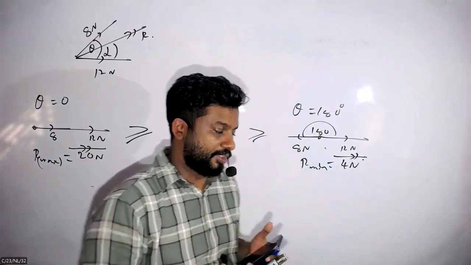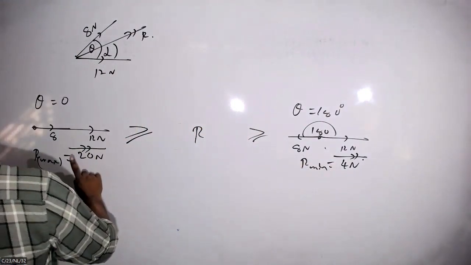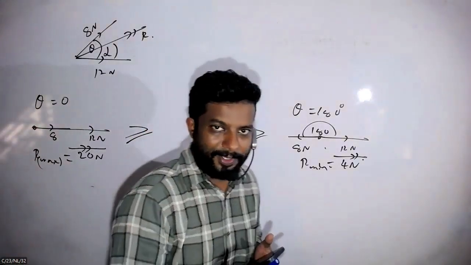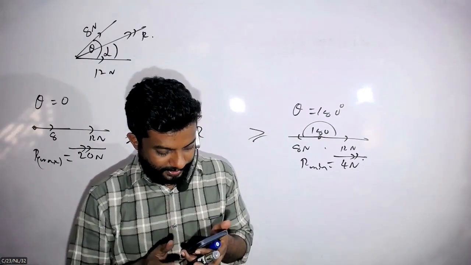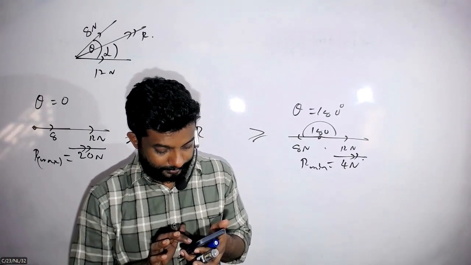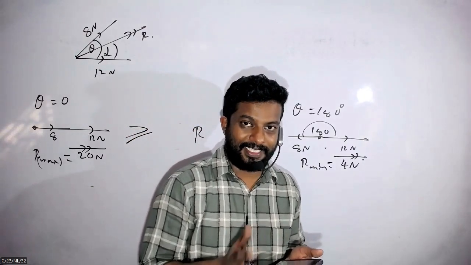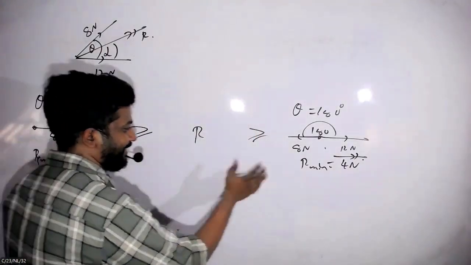That is, your answer should be equal to or greater than 4 Newton, equal to or less than 20 Newton. Got my point? Right. Let's see the answers. First one. You need to find the maximum and minimum resultant, right? The maximum one is 20, the minimum one is 4, right?